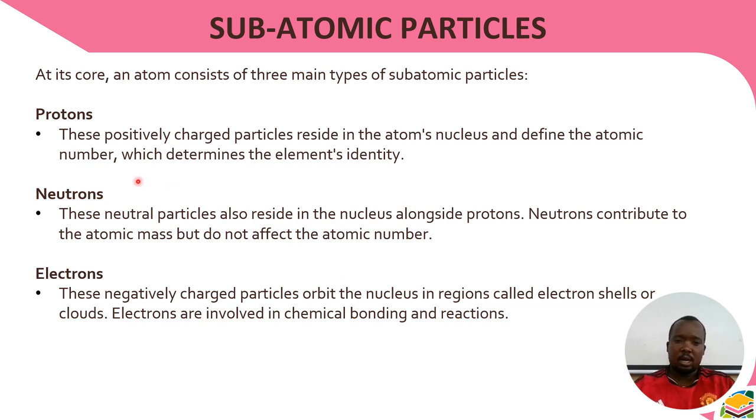Protons are positively charged particles, and they reside in the atom's nucleus, and they define the atomic number. In other lessons, I'll explain more about the atomic number because it is one of the characteristics of an atom.